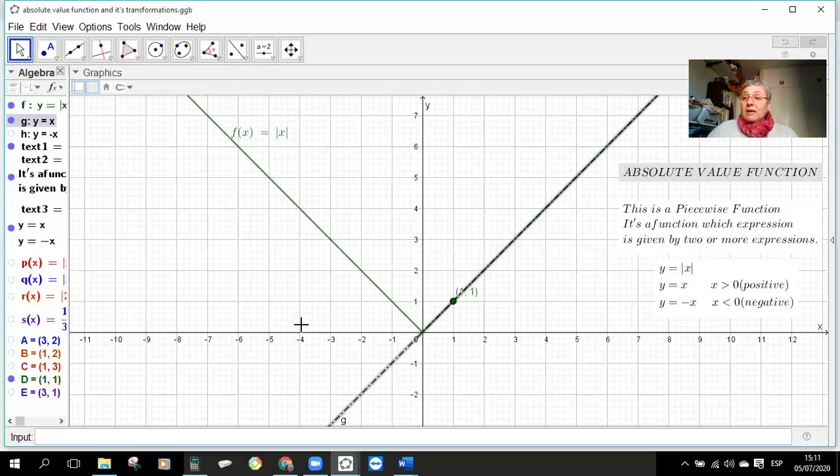Since the absolute value can never be negative, because no matter if the number is positive or negative, its absolute value is going to be a positive number, this part here below the x-axis does not belong to the graph of the absolute value function.